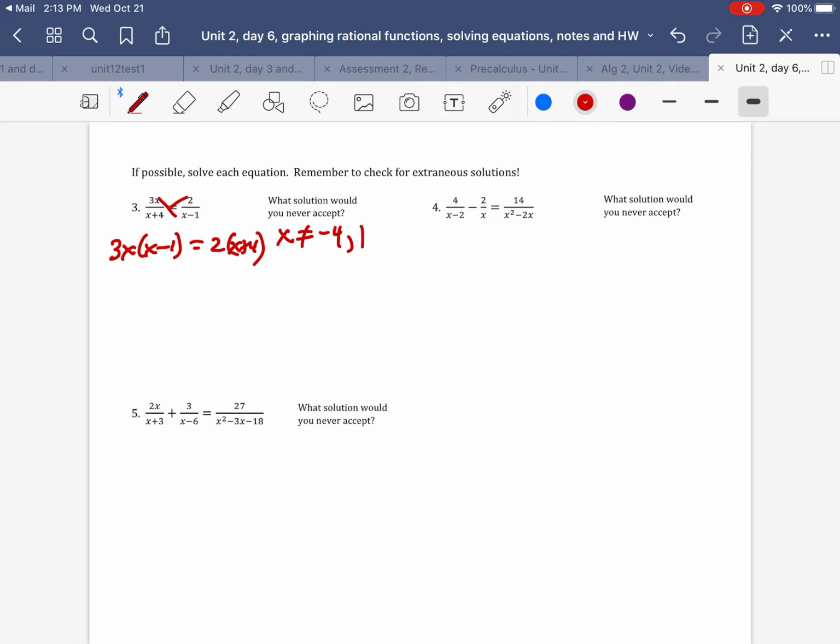All right, so on this next problem, number 4, you do need to factor this, but if you notice, these two items right here are what it factors into. So when you go to do this problem, you just need to make sure that you are giving each fraction what it doesn't have. For instance, this first fraction, the 4 over x minus 2, doesn't have the x, so you give it an x.